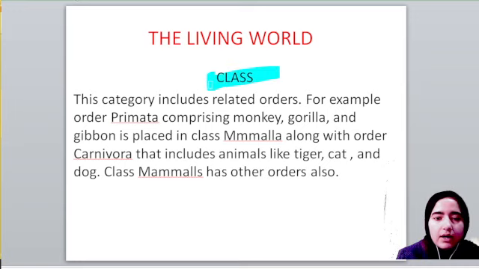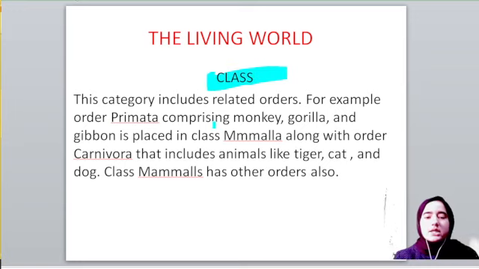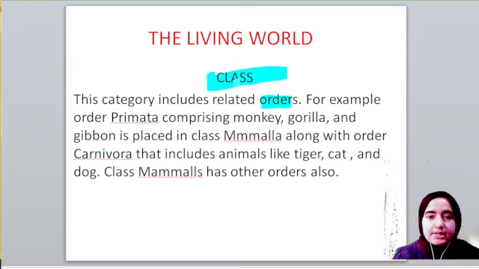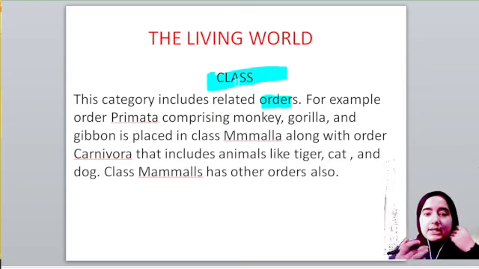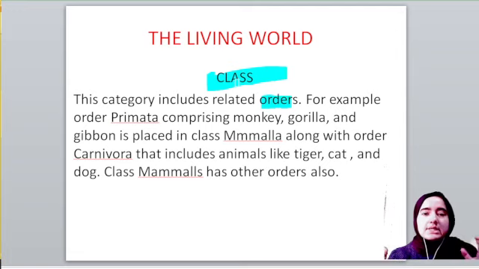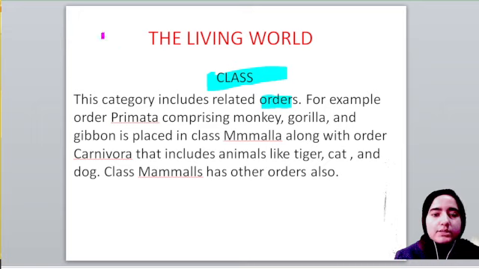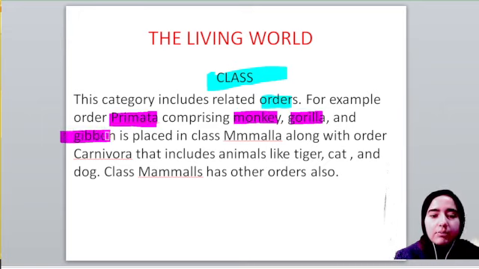Now we have class. Class includes related orders. It's a higher category than order. For example, we have one order known as Primata, and in Primata we have monkey, gorilla, gibbon. They are placed in class Mammalia, okay.